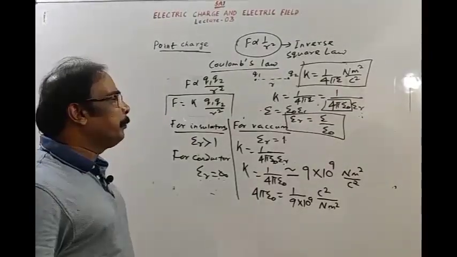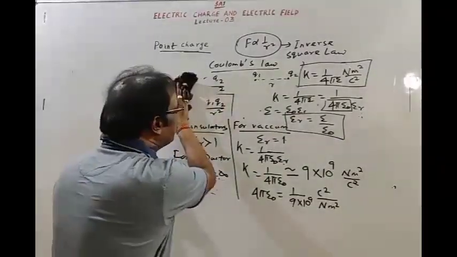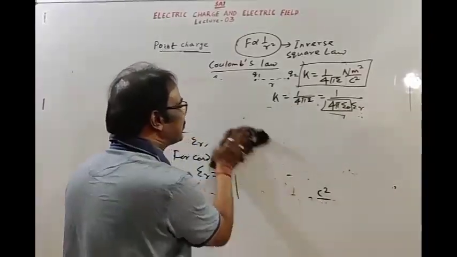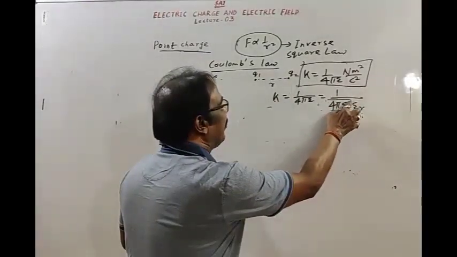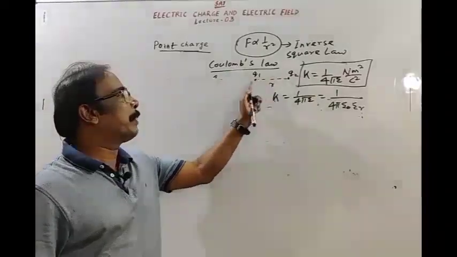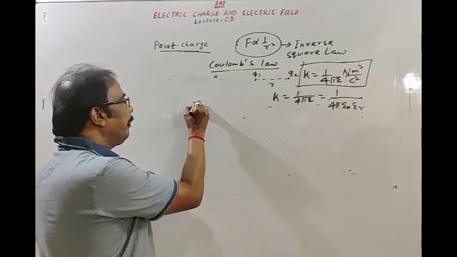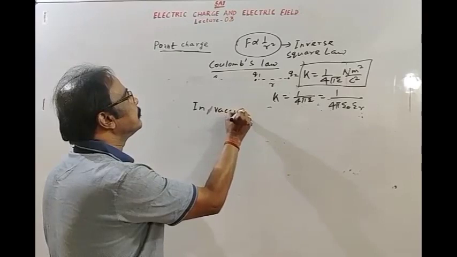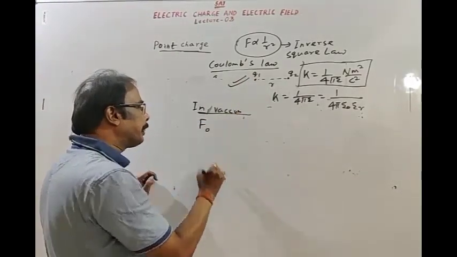Okay. Then in some different way, let's express epsilon r. Suppose these are two point charges, Q1 and Q2, separated by a distance R. Then in air medium or in vacuum, let the force between these two charges be F naught.